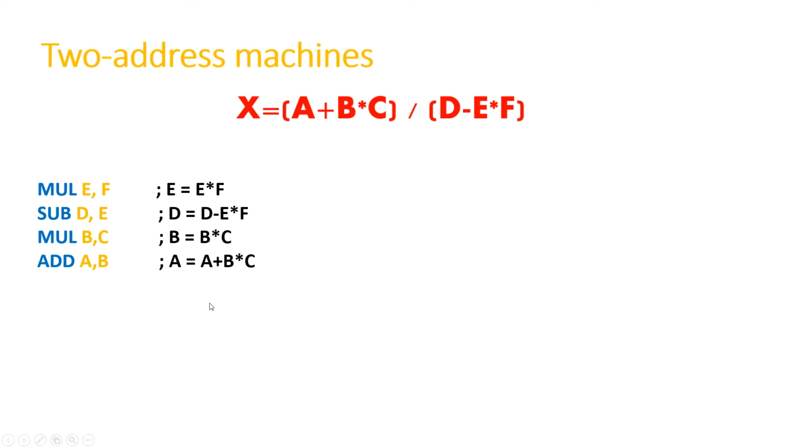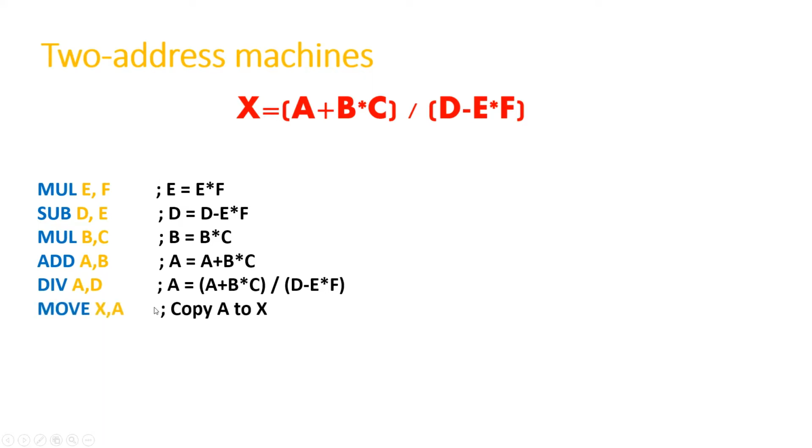Now all we have to do is divide A by D, and then the whole result will be stored back again in A. And then because we want to store the data at the end inside X, we have to move the value inside A to X, or copy A's data to X. So we use move X, A.